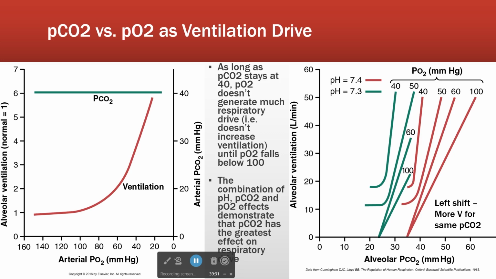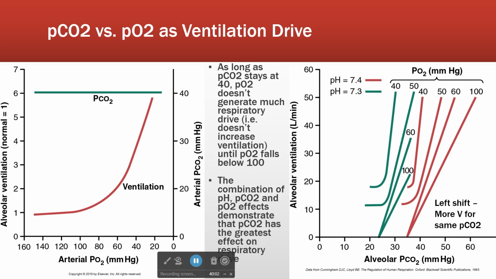Now, if we add to that oxygen differences, well, if our pH is low and our oxygen is low, we're going to have the highest ventilation for a given PCO2 in that case, right? Because we have all of our things. We're breathing for oxygen, we're breathing for pH, and we're breathing for PCO2, right? Whereas out here, if we look at a pH of 7.4 normal, PO2 of 100, that's normal, okay?